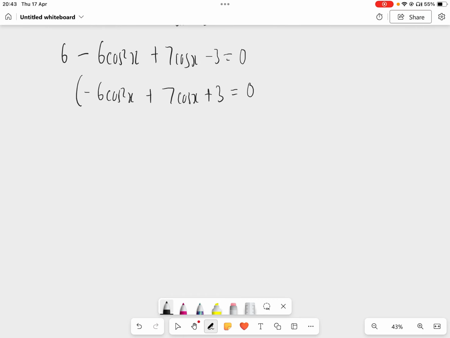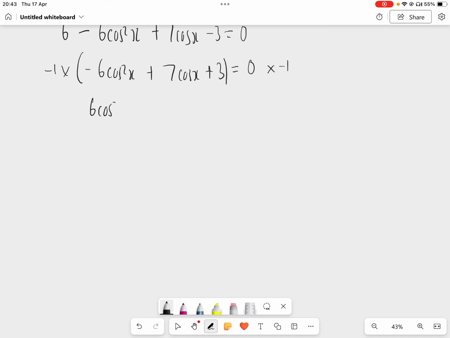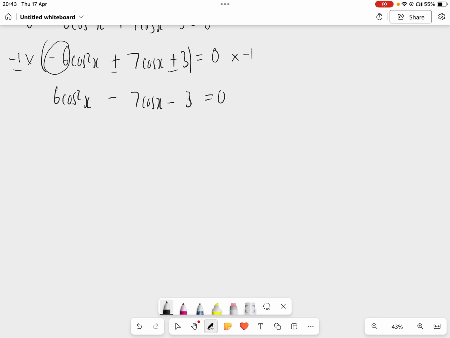If you multiply by negative 1 on both sides, you get 6 cos squared x minus 7 cos x minus 3 equals 0. I multiply by negative to make this positive, but then it changes the signs of these two. And now you're going to factorize.